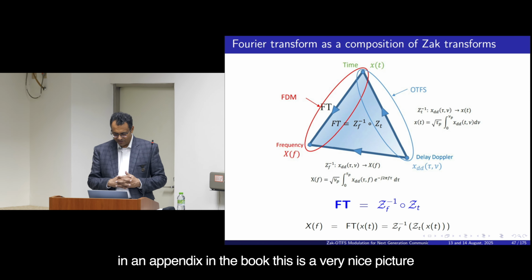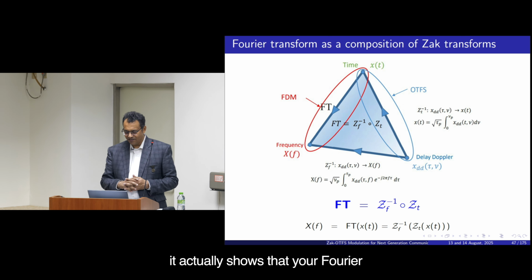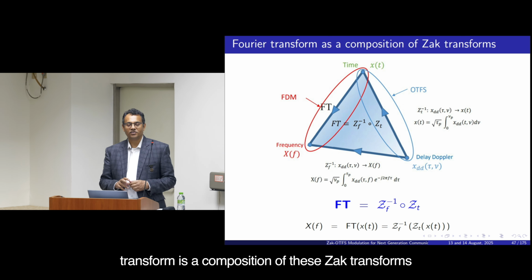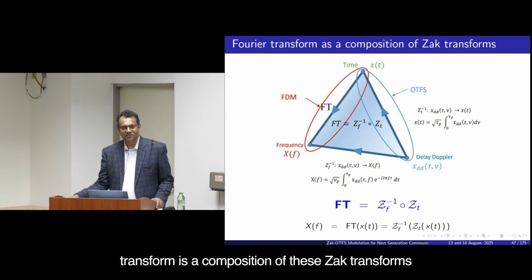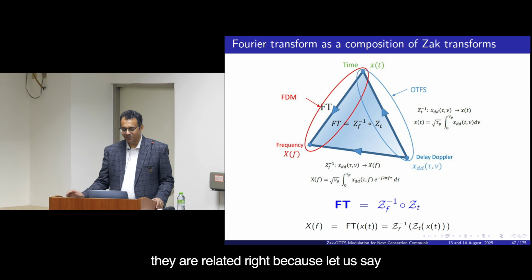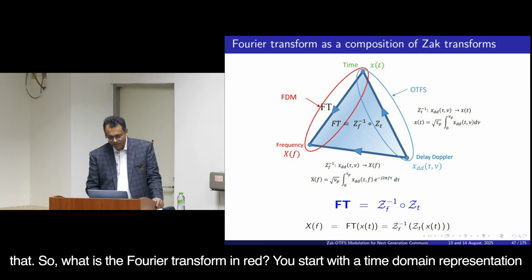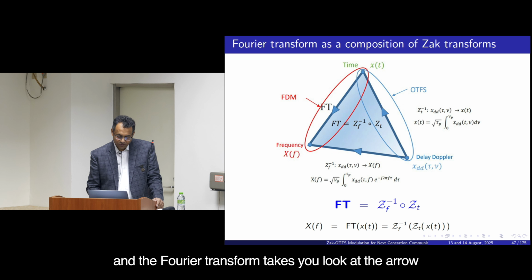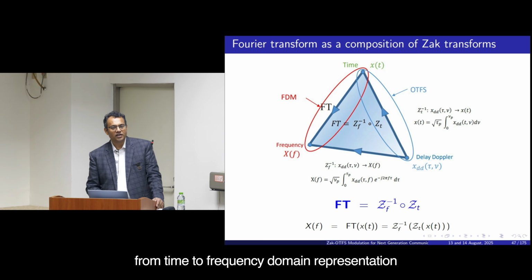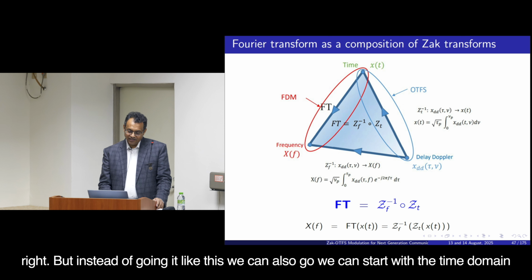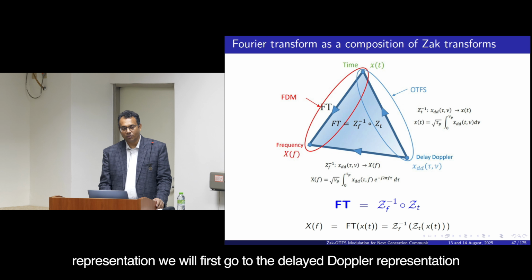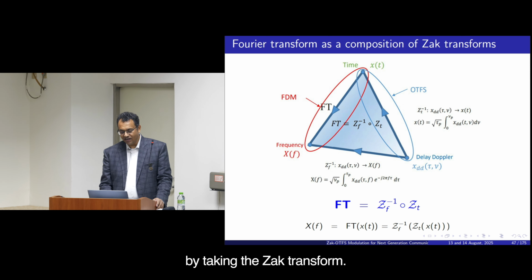This is a very nice picture. It actually shows that your Fourier transform is a composition of these Zak transforms. They are related, right, because let us say, what is the Fourier transform in red? You start with a time domain representation and the Fourier transform takes you, look at the arrow, from time to frequency domain representation, right. But instead of going like this, we can also start with the time domain representation and first go to the delay Doppler representation by taking the Zak transform.